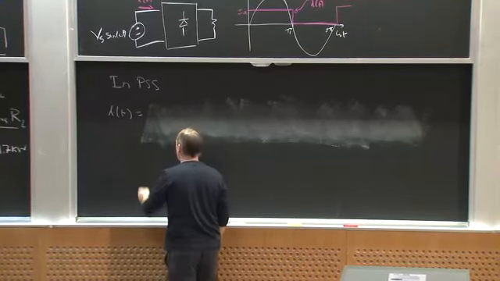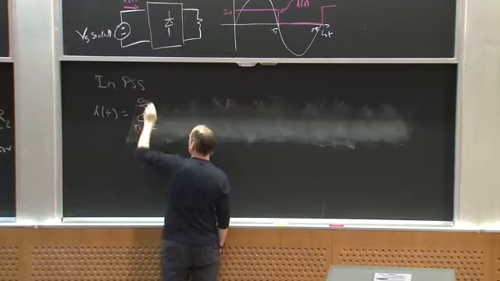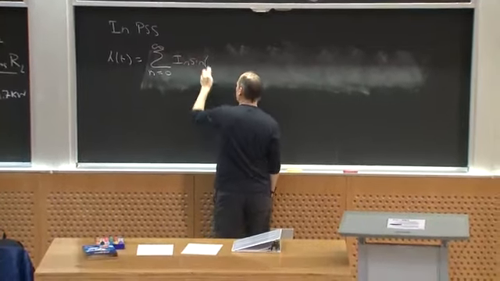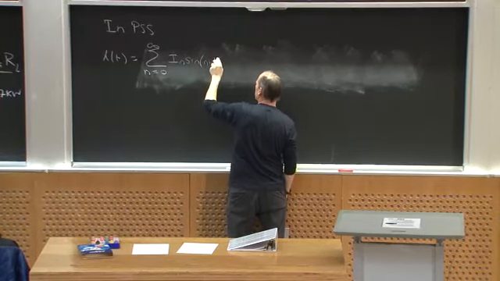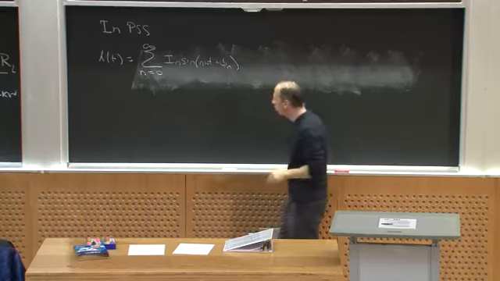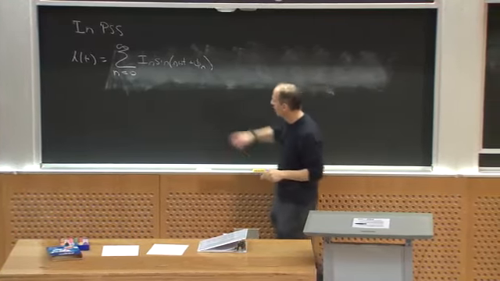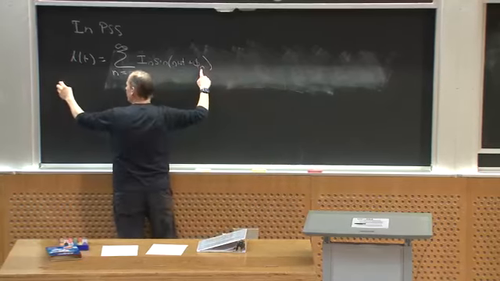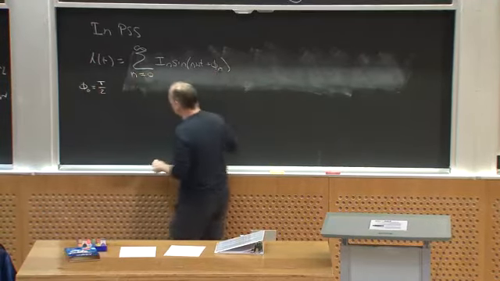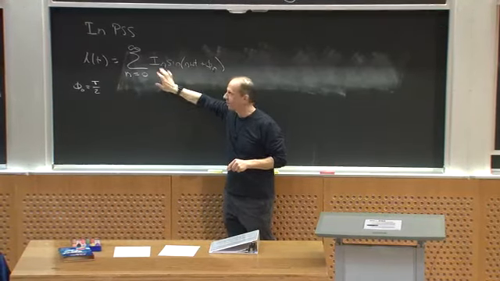We might write I of t as the summation from n equals 0 to infinity of I sub n sine of n omega t plus phi sub n. This is one way I could write a Fourier series. We can find the Fourier coefficients. Just to be clear, I'm defining phi 0 to be equal to pi over 2, or 90 degrees, so that I sub 0 is just the DC component.